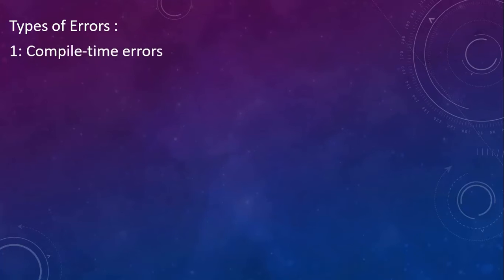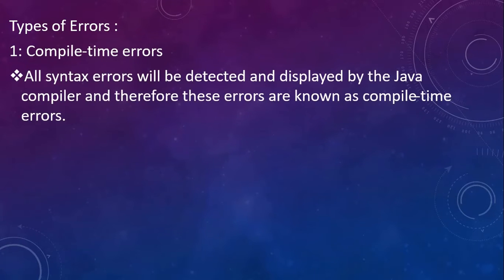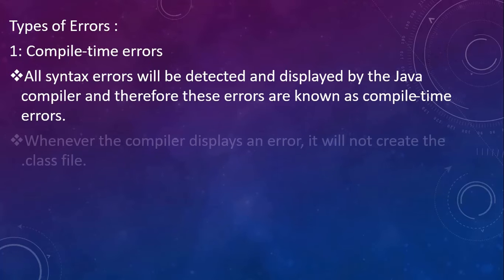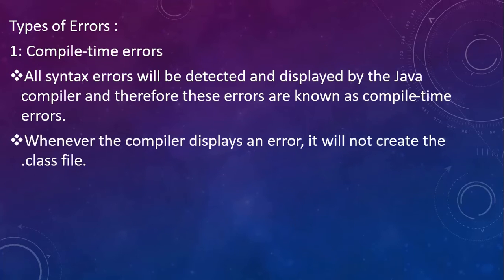Now, when we talk about compile time errors, all the syntax errors will always be detected and displayed by the Java compiler, and therefore these errors are called compile time errors, because the compilers bring these particular errors into picture. Whenever the compiler displays an error, it will not create the .class file.